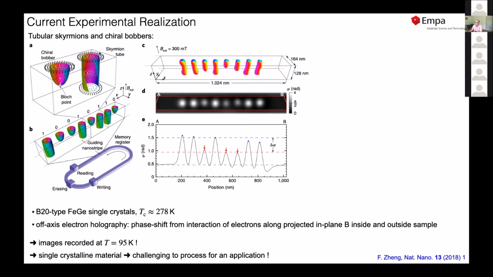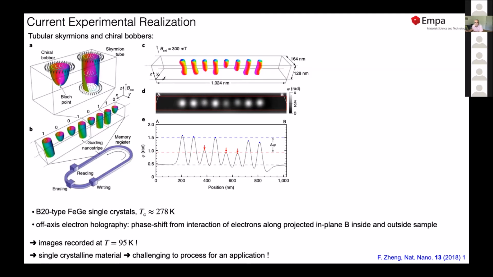And they have not only proposed this, but they have shown that in iron germanium single crystals, in small single crystals, at 95 Kelvin, using electron holography, they could really show that such tubular Skyrmions and Skyrmion bobbers exist, and maybe these could be used to move along the racetrack.